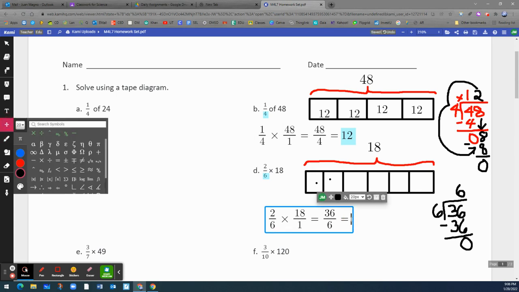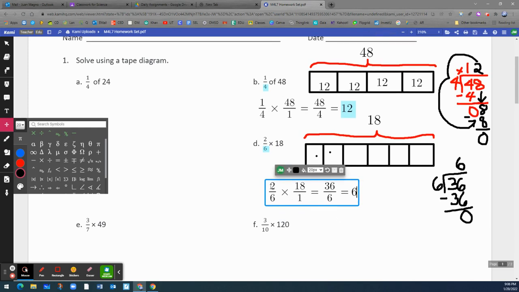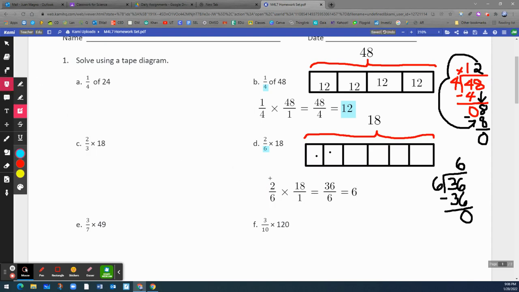Okay, so now I want you to think about this. 2 sixes out of 18 equals 6, which means you have to go back to this fraction. Two of these fractions equal 6. Those two must equal 6 because we have two of them.